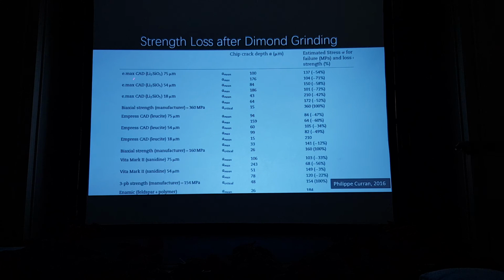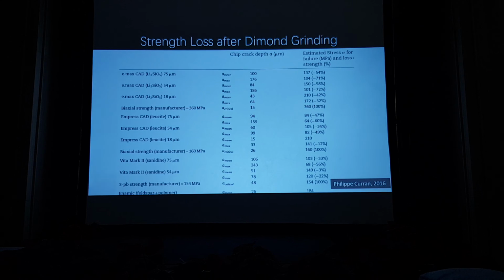Here are different materials like Emax, Vita Mark II, and so on. They used different burrs, 75 micrometer, 54 micrometer, 18 micrometer, and this is the strength after grinding.